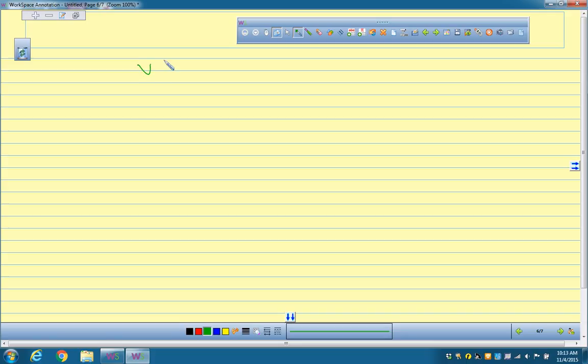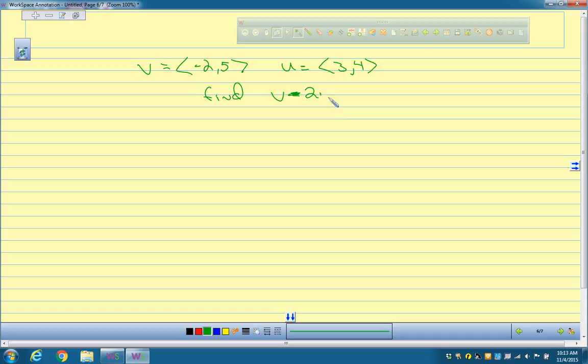If v is equal to negative 2, 5, and u is equal to 3, 4, and they say find v minus 2u, all you do is, algebraically, it'd just be negative 2, 5 minus 6, 8, right?